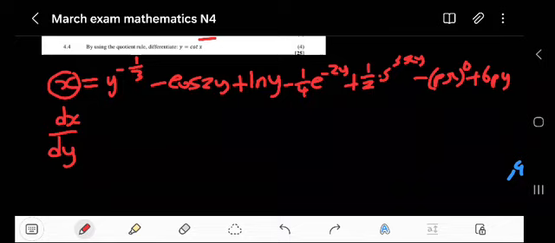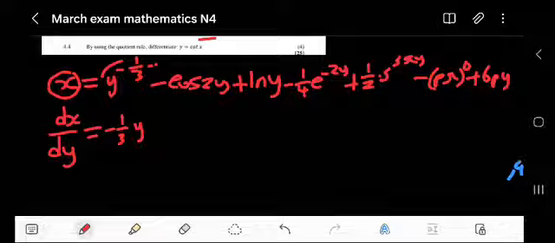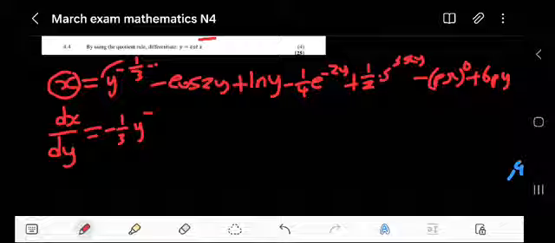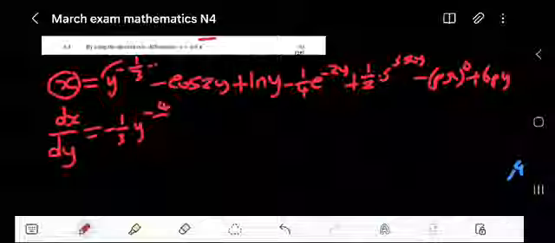So you drop the exponent, would be minus 1 over 3 y, minus 1 again there. We are differentiating, isn't it? Negative 1 over 3 minus 1 will be minus 4 over 3.